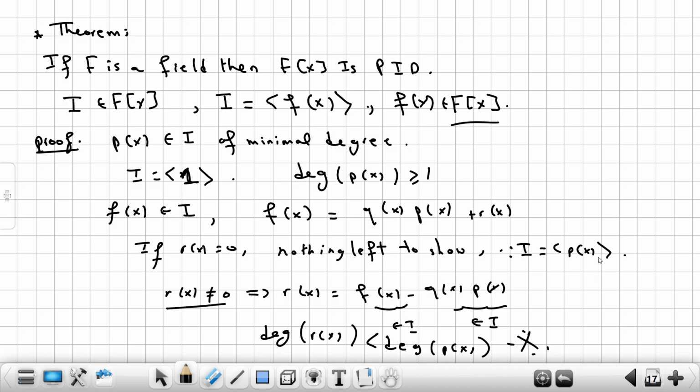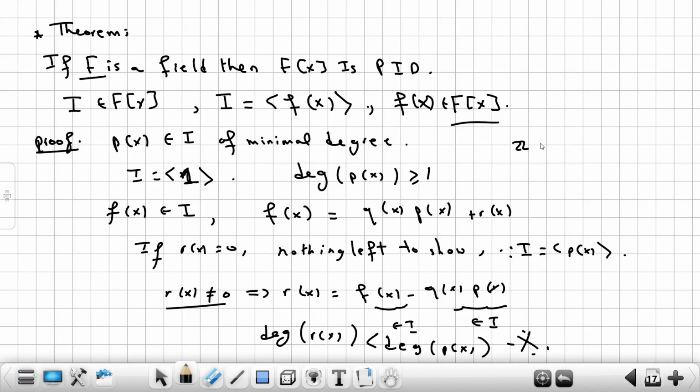Okay, so the importance that F is a field arises from using the division algorithm. We know that we cannot use the division algorithm unless we are working over a field. So this theorem happens only if F is a field, and we will give an example where F is not a field and F[x] is not a principal ideal domain.